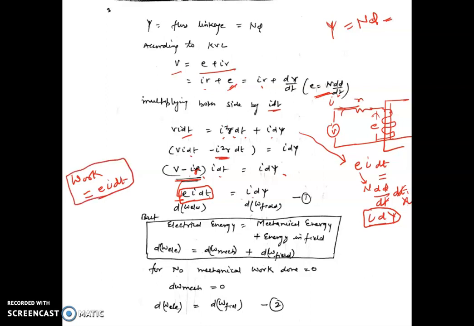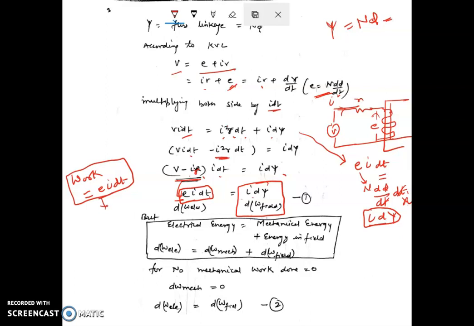We all know work is EI dt, and in the electrical circuit this is the energy. Same in the magnetic circuit, this is the field energy, dw field, equal to I into d psi.